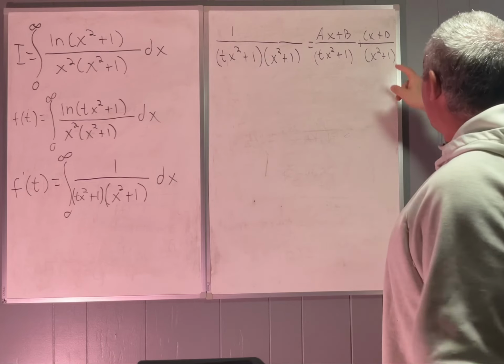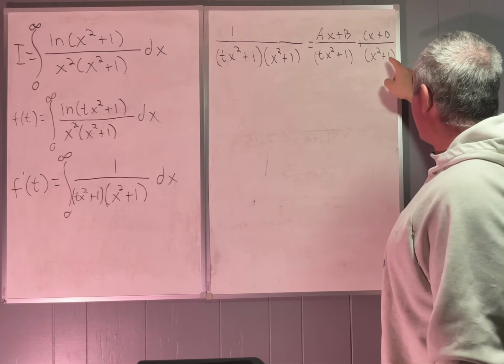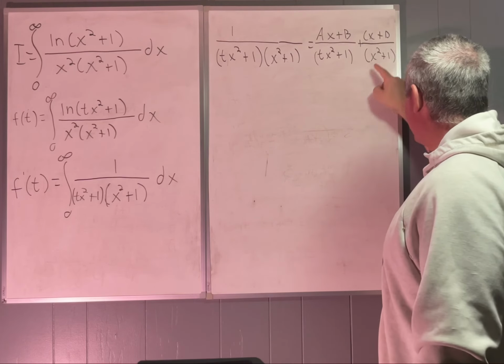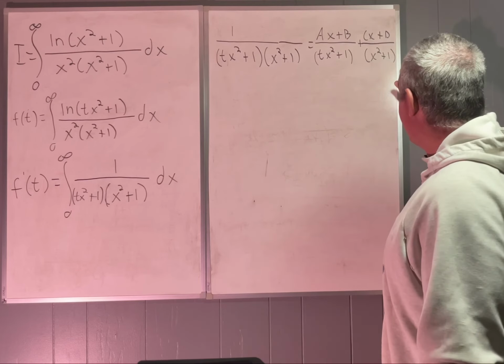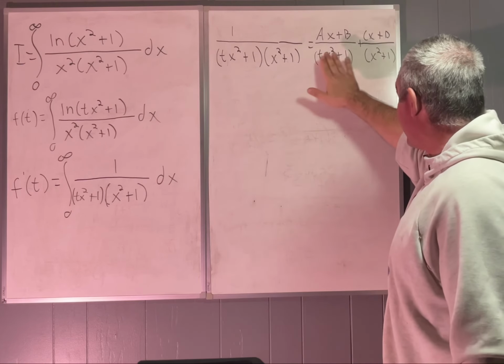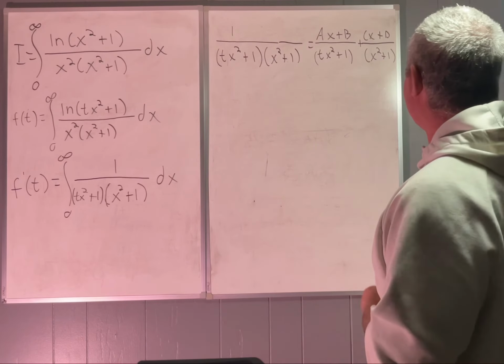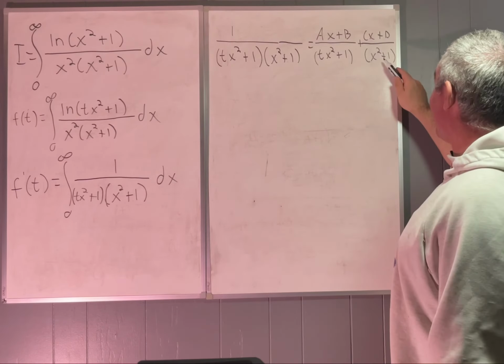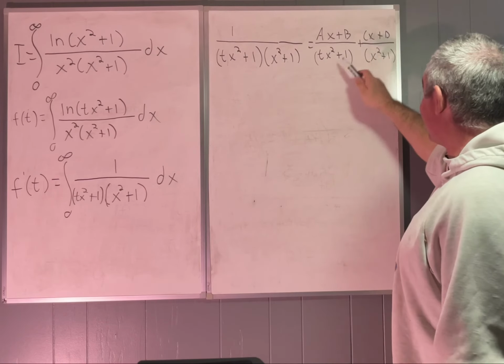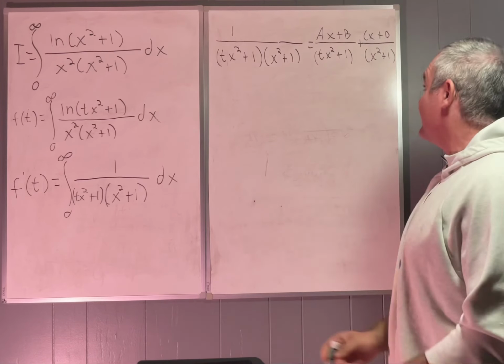And from there, we would create a common denominator. We would multiply this part by this and this part by this. That way we would have all the same denominator. Therefore, we could ignore the denominators. And essentially what we would have is that this times this plus this times this must equal this.